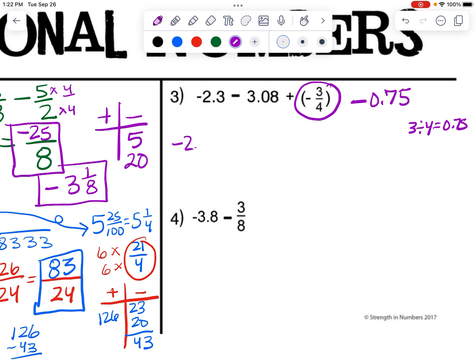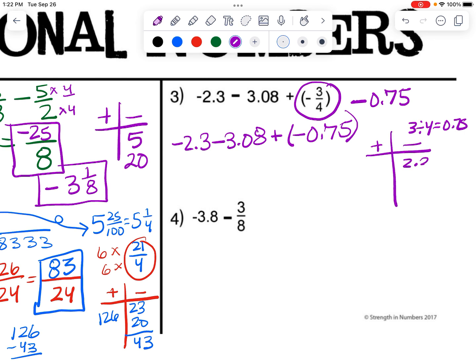So I have -2.3, -3.08, and you can do plus -0.75. And in the scoreboard, look what happens. All of these numbers have a negative in front of them. All of them are going to go on this side of my scoreboard. Because remember, when we're selecting the number, we're including the sign right before it.